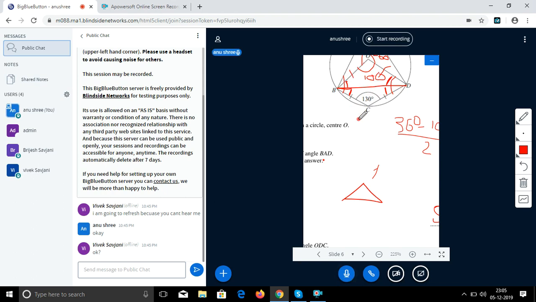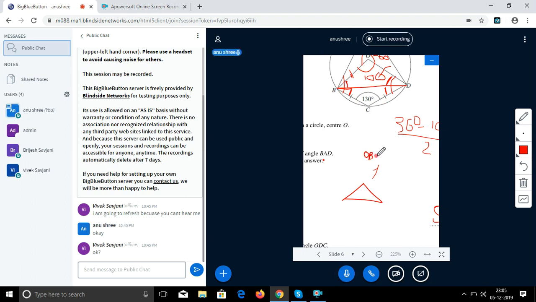Clear? So you have to give the reason why angle B equals angle D, because it's not given. You can't say that because of equal radii, angle B equals angle D. This is not a correct reason. Okay? Is this clear? So either you can say that OBCD is a kite.